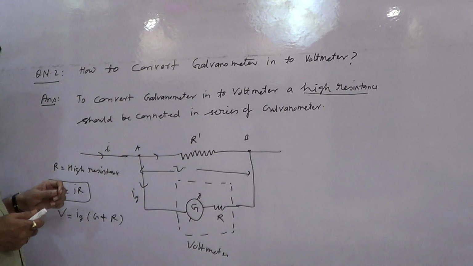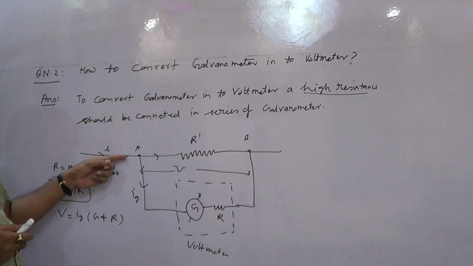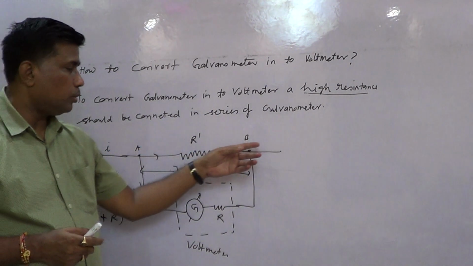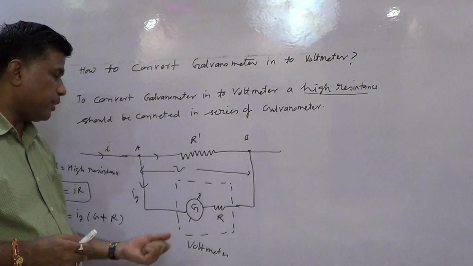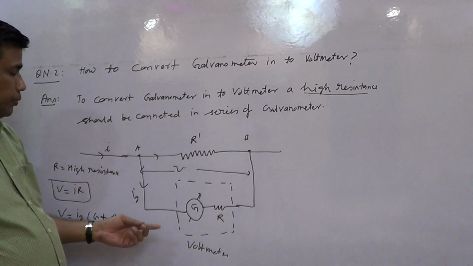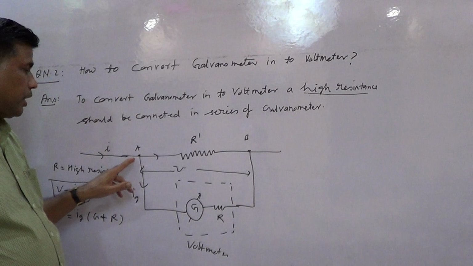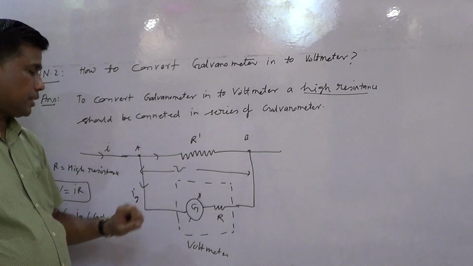Student, listen once more. Current I is coming and it is passing through a resistance R dash, across which potential difference has to be measured. So we have connected a voltmeter parallel to the points across the resistance.